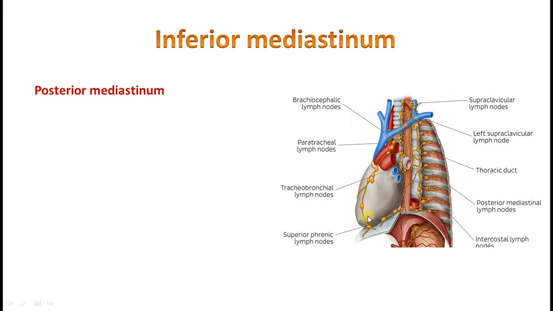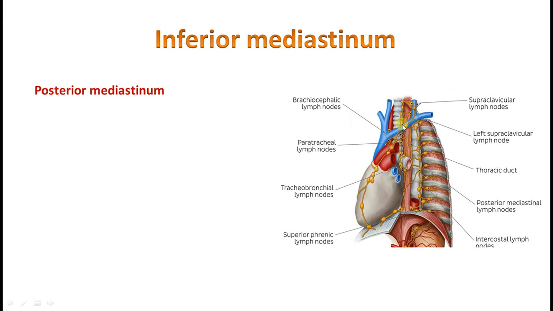Just now we have seen the middle mediastinum with the heart and fibrous pericardium, the pulmonary trunk dividing, the aorta, termination of pulmonary veins and bifurcation of trachea.